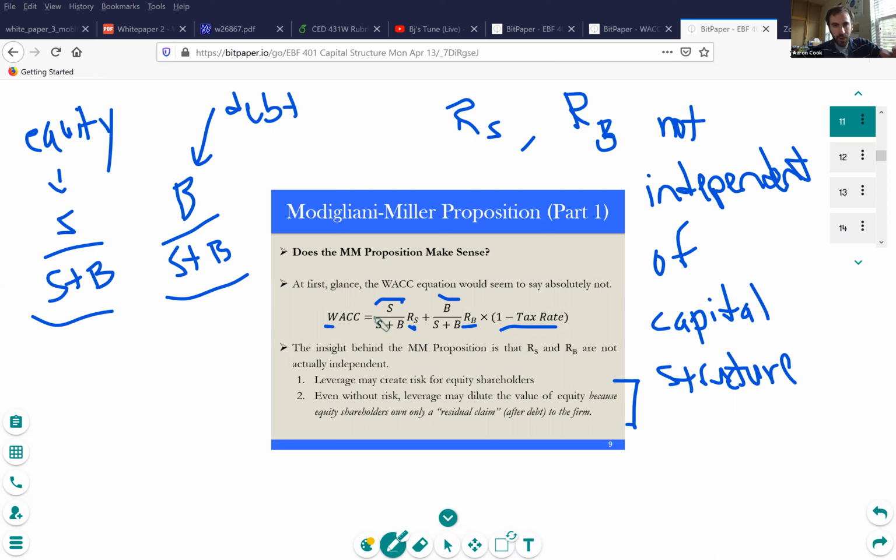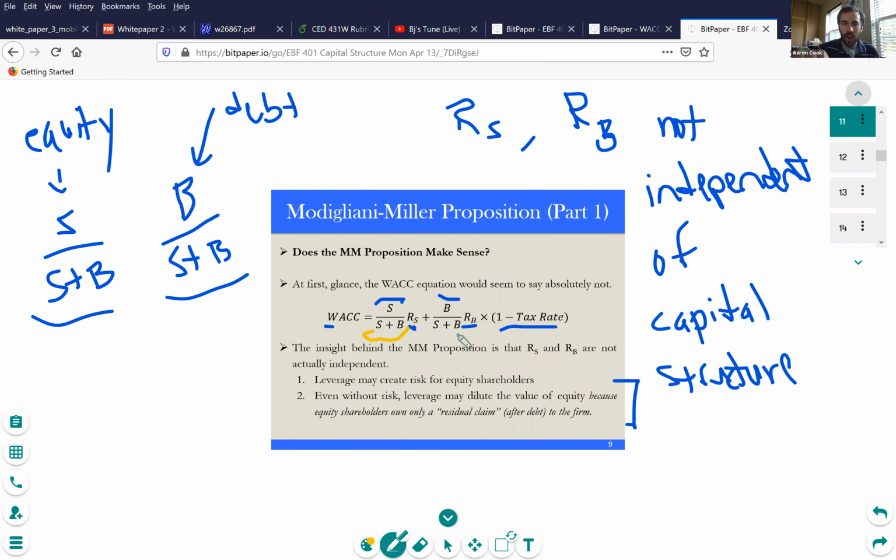If we decrease the equity share and increase the debt share, then we shrink this term on the left: S over S plus B is going to shrink, and B over S plus B is going to grow. If RS and RB are constant while that's going on, then the firm has an ability to change its overall WACC.